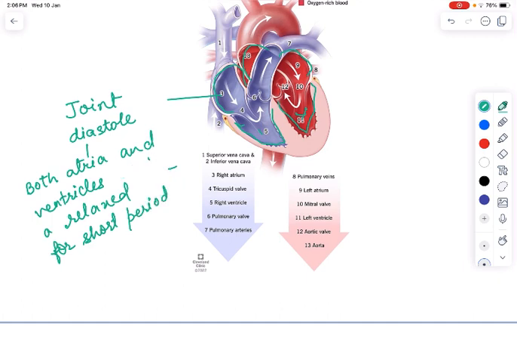And the whole sequence of events in the heartbeat is called the cardiac cycle.